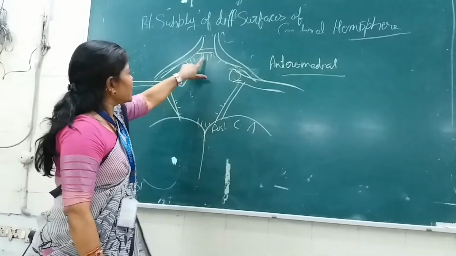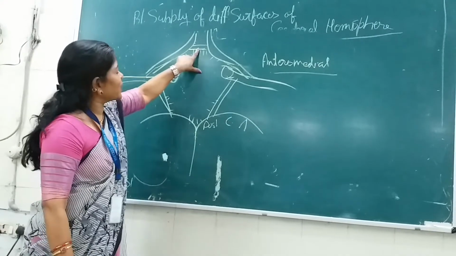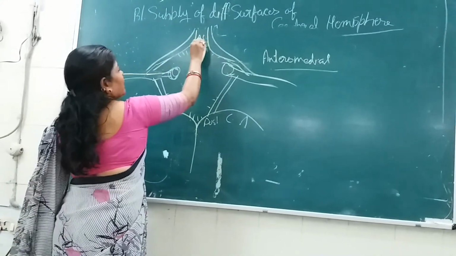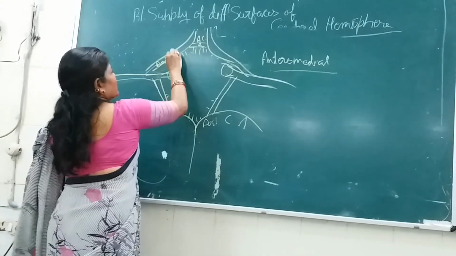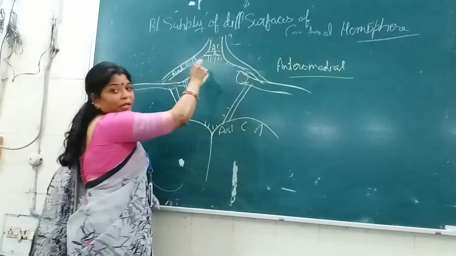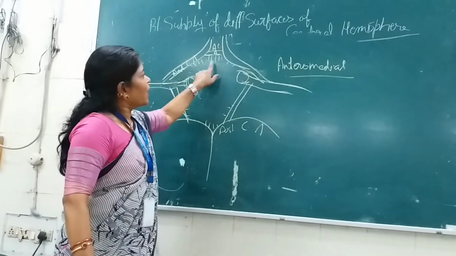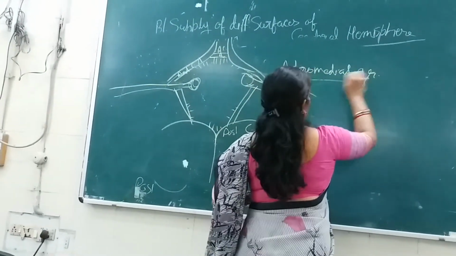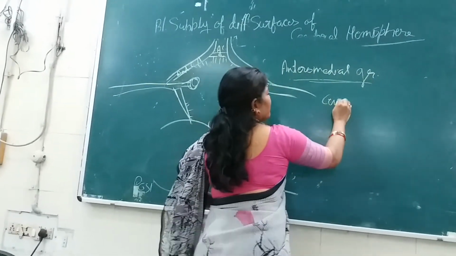The anteromedial branch arises from the anterior communicating artery, and this is the anterior cerebral artery. So the anterior cerebral artery as well as the anterior communicating artery both give the anteromedial group of the central branches.